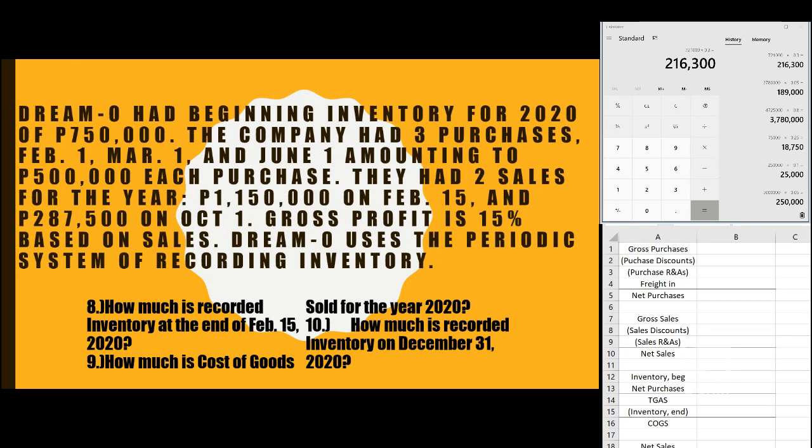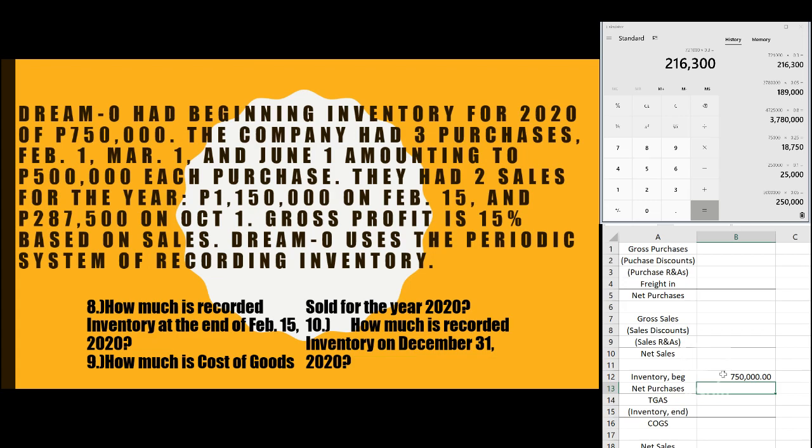Okay, basa na naman tayo. So DreamO had beginning inventory for 2020 of 750,000. Beginning inventory, saan natin magagamit? Right here. So input na natin agad, 750,000. The company had 3 purchases, Feb 1, March 1, and June 1, amounting to 500,000 each purchase.